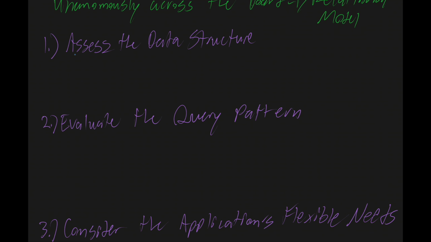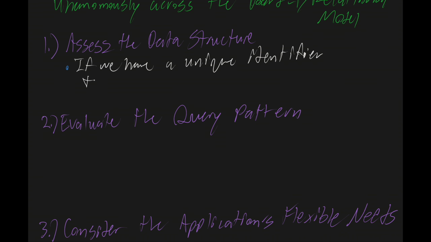In this model, each employee has a unique identifier and tables for job positions. So if we have a unique identifier and a table we can bring, we'll do a relational model.